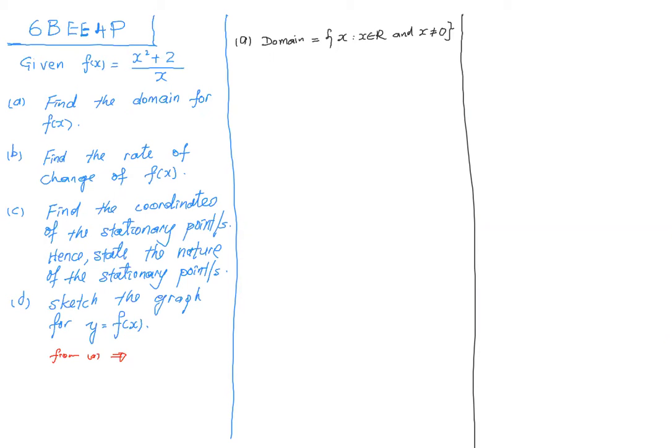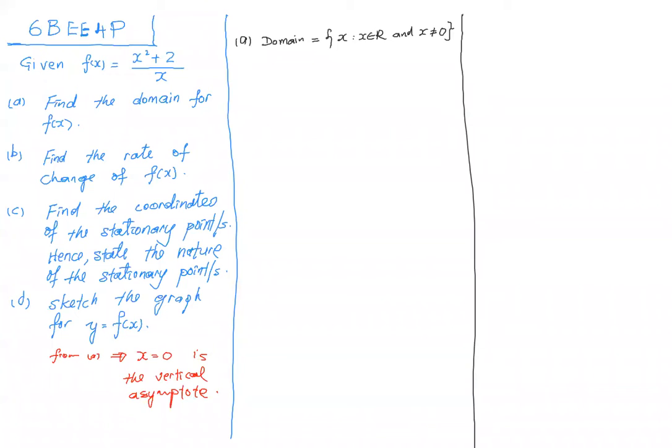And because X equal to 0 is the what? Can anyone remember? Vertical asymptote. Yes, you are right. Vertical asymptote. So all these are very important, okay?